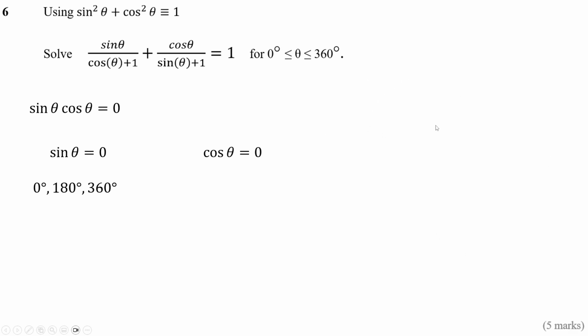For cosine theta equals 0, you'll have 90 degrees and then 270 degrees. If 90 degrees is the first solution, the next one will be 360 minus 90 because of the periodic nature of the curves.